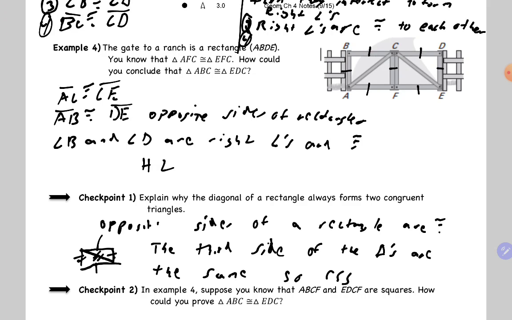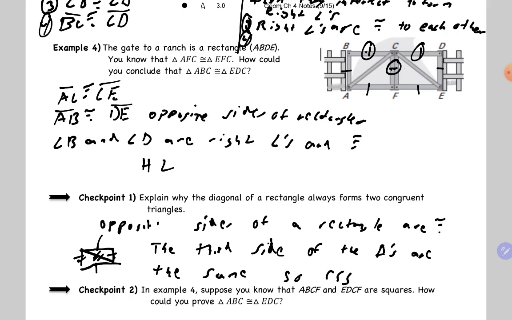So how the reasoning would go is that you would say CF is congruent to CF because of the reflexive property. And you would say BC is congruent to CF because of the square. And since DC is also congruent to CF, BC, CF, they're all congruent to each other.